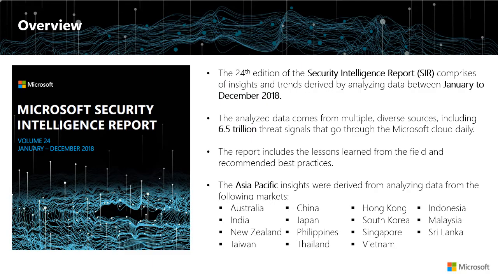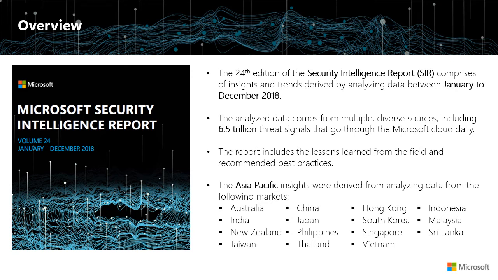Now, it is important to start grounding this entire security discussion on the findings that we have had as Microsoft. Microsoft, on a regular basis, releases what is called the Microsoft Security Intelligence Report. The 24th edition of this report covers January to December 2018. If I'm not mistaken, the latest Security Intelligence Report that covers January to 2019 has already been released.